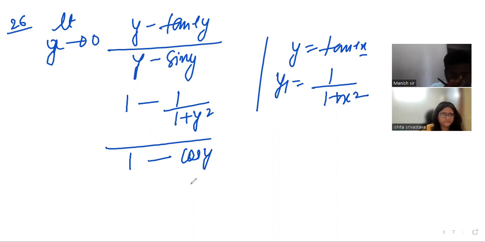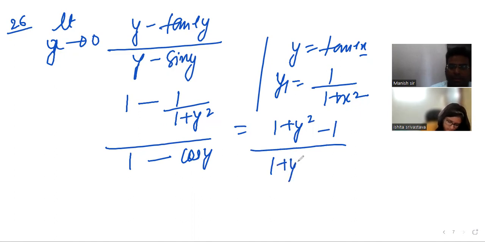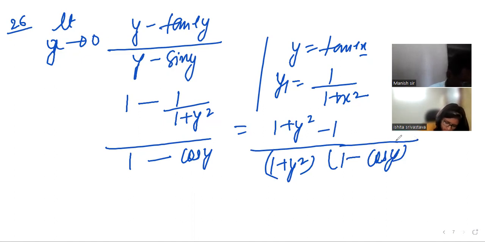Now take the LCM. So the LCM will be 1 plus y square minus 1 divided by 1 plus y square into 1 minus cos of y, right? So now put y tends to 0. This and this will get cancelled.